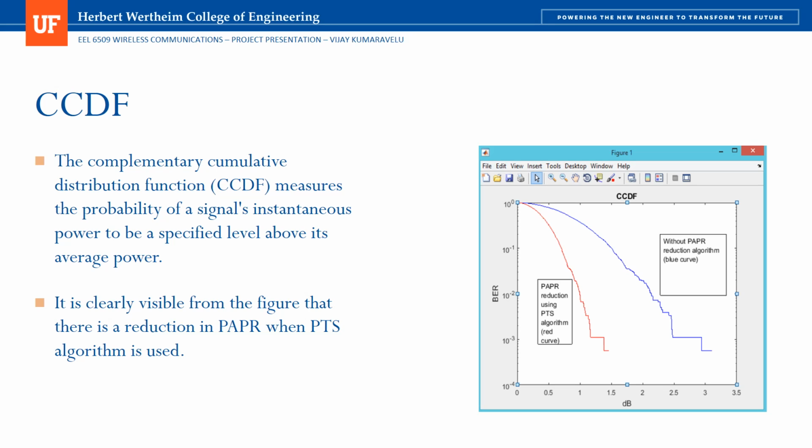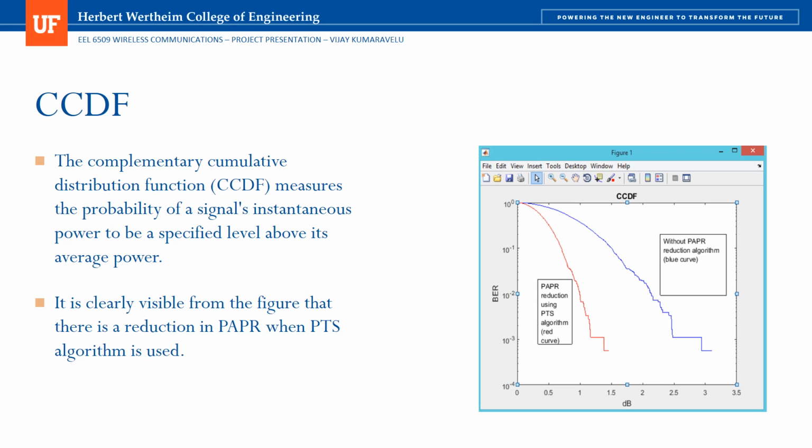Now when we plot the CCDF, this is what I observed in my simulations: the blue curve was for when the PTS algorithm was not applied. The red curve was when the PTS algorithm was applied.